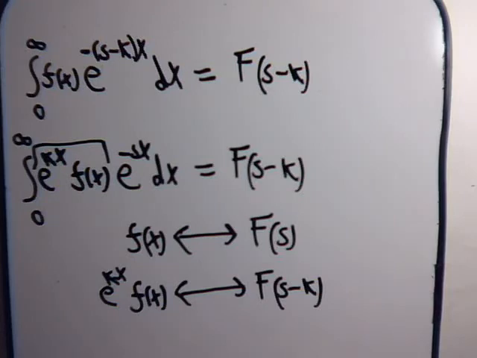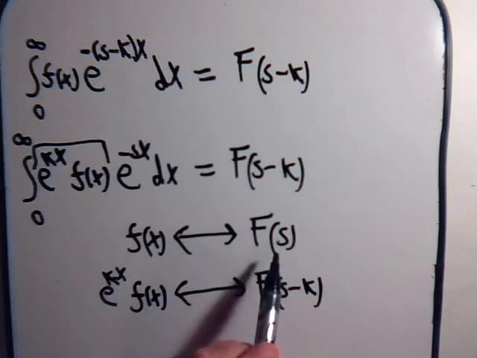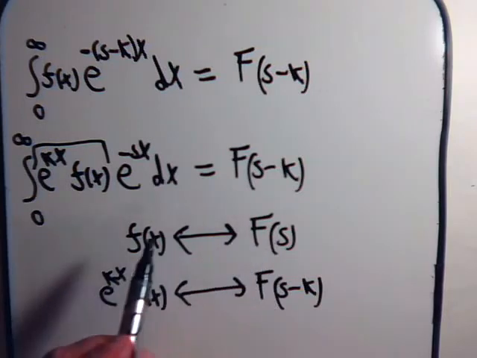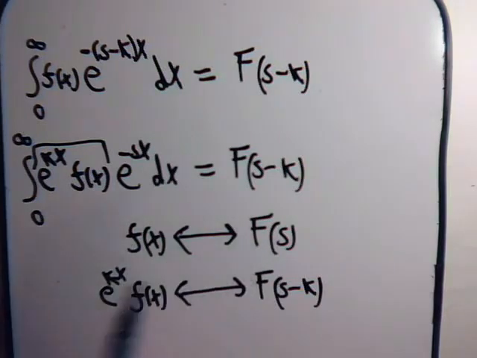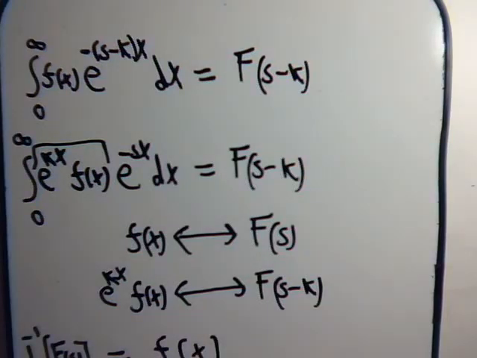Here, we're saying that looking at it from this side and going over to this side, the inverse Laplace transform of f of s, that's our function f of x.